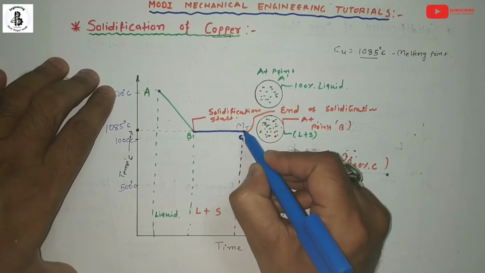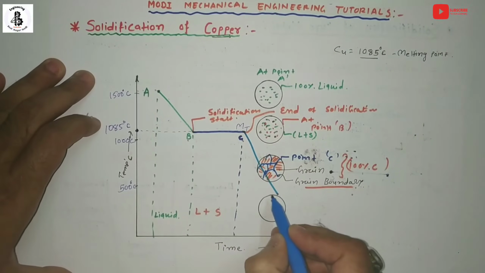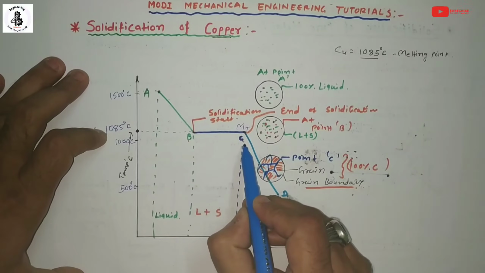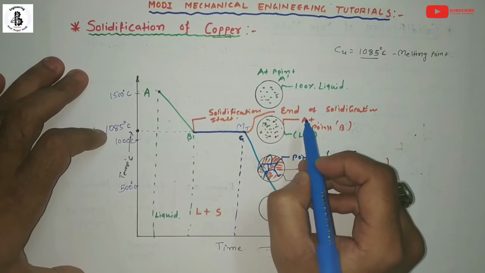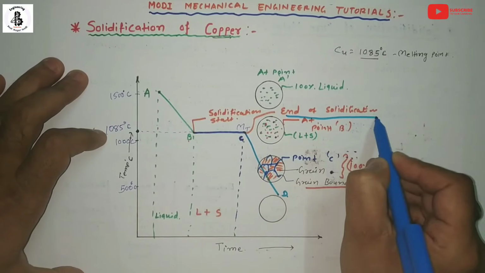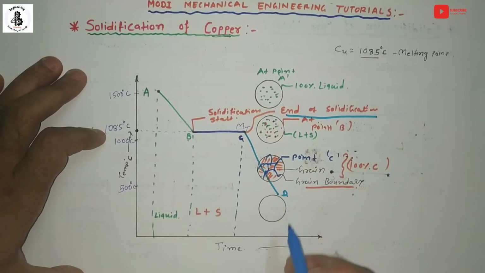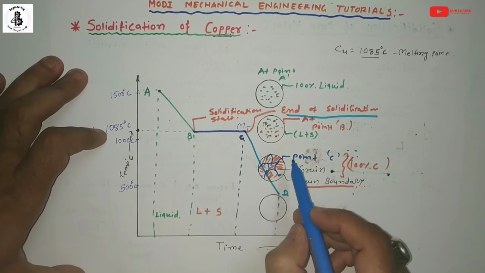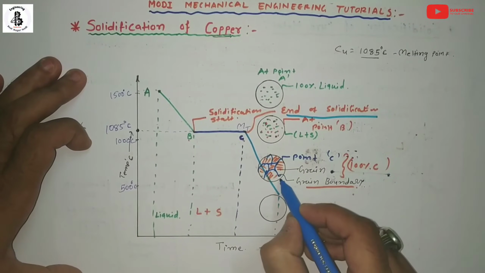So here is point D. At point C, the solidification process is complete, which is the end point of solidification. Further cooling with respect to time does not change the phase of the solid, but there is just a rearrangement of the structure.